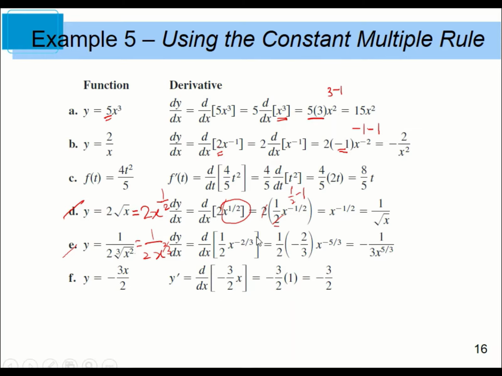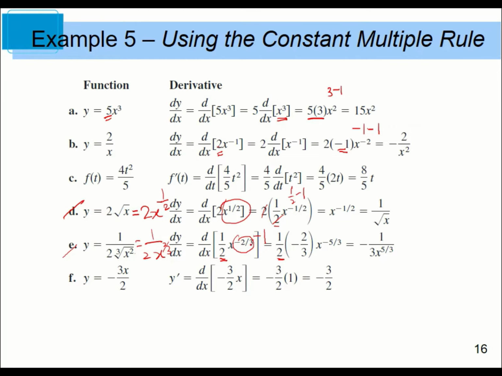Now when we differentiate, again according to the constant multiple rule, we are not going to differentiate the 1/2. We just put this aside. So we differentiate the power here, -2/3, we bring down. After that we minus 1.